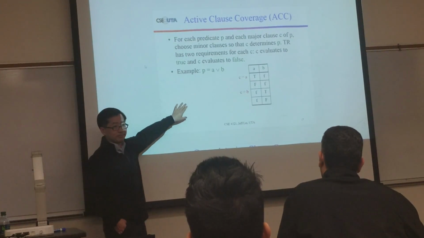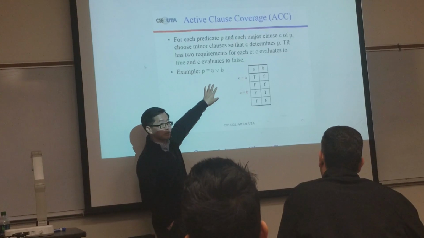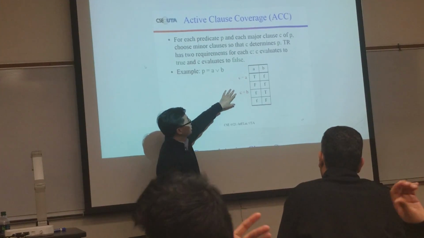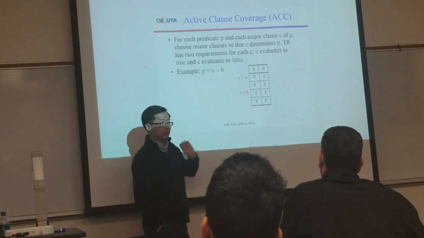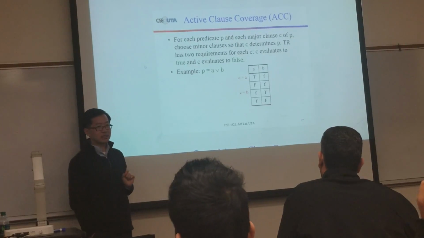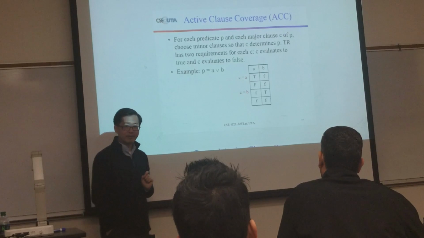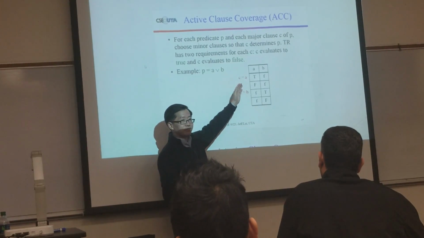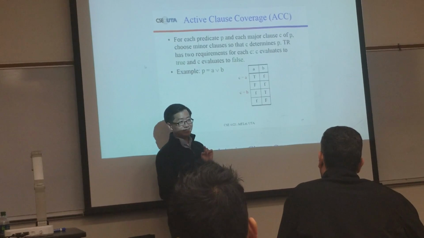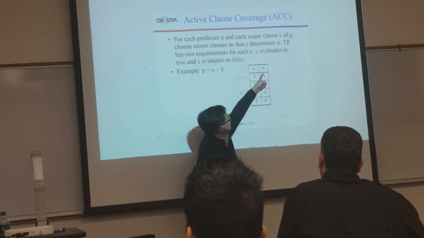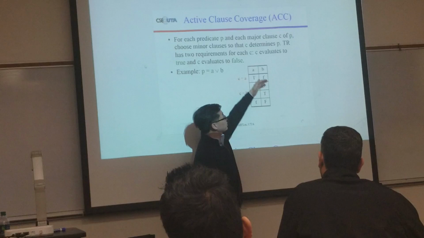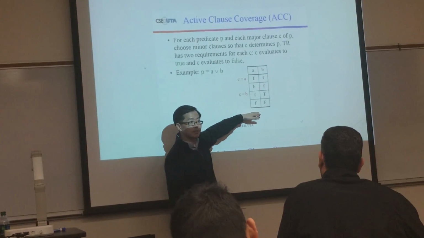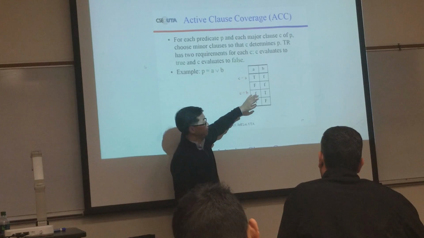Look at the example. Very simple example: A or B. If you want to achieve active clause coverage for clause A, first you have to make A active, right? To make A active, B has to be false. So these are all four possible cases, because you have two Boolean variables.